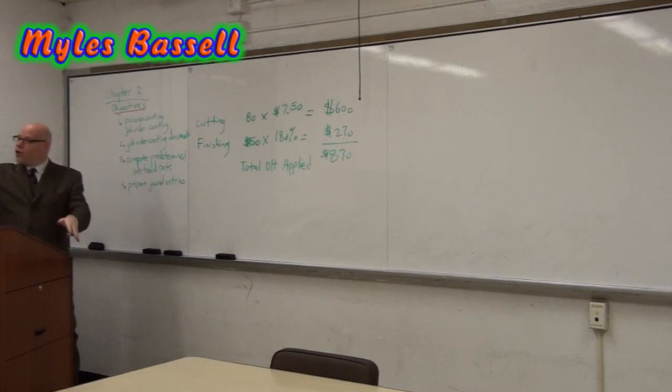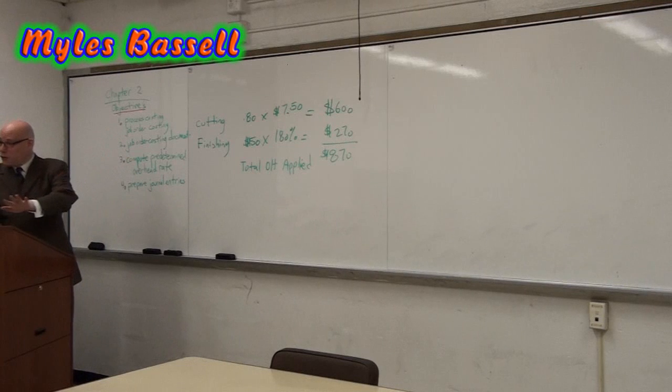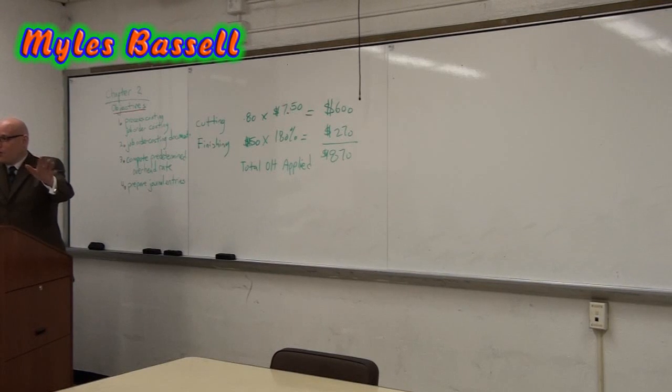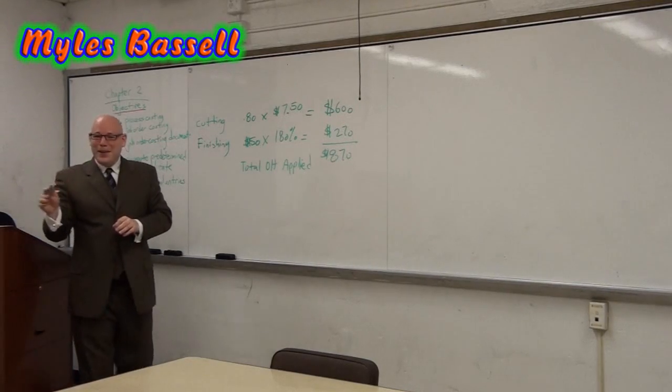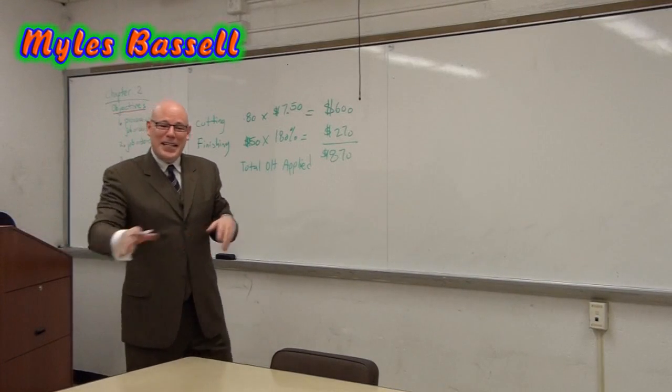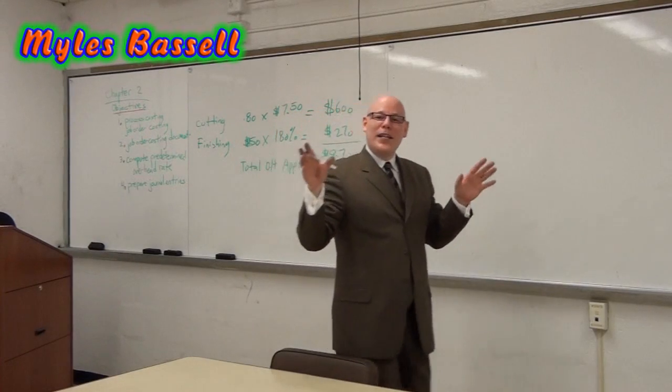So this is all what we're doing now. We did this all in the schedule. This is not anything new. Don't get nervous, don't get scared. This is exactly what we did.